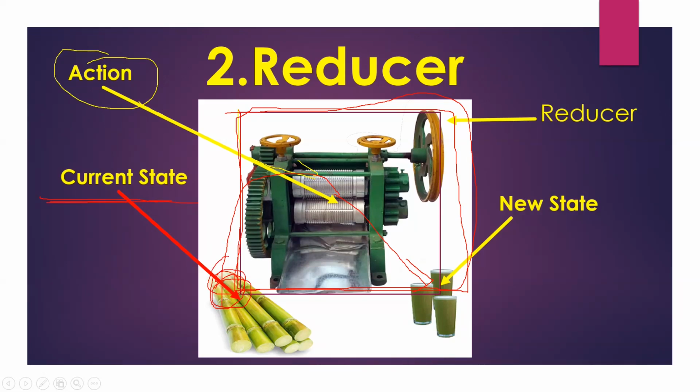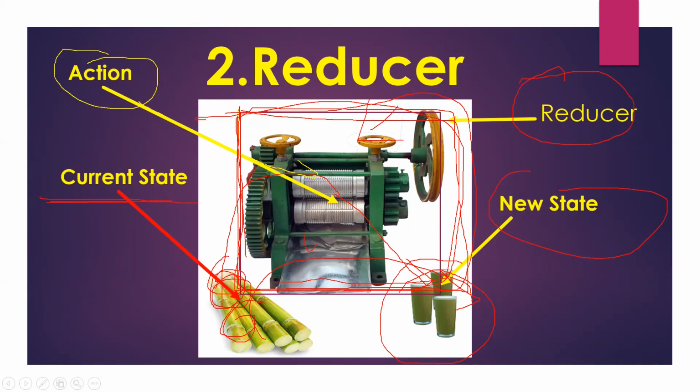With the help of this machine, we can transform it to a new state. That means we are extracting the juice and transforming the sugarcane stick into juice, and this is being helped by the reducer. So remember, the reducer works as a machine which transforms the current state into a new state.